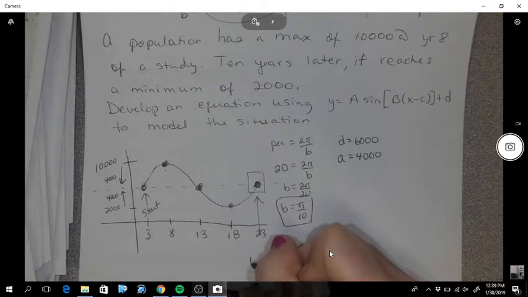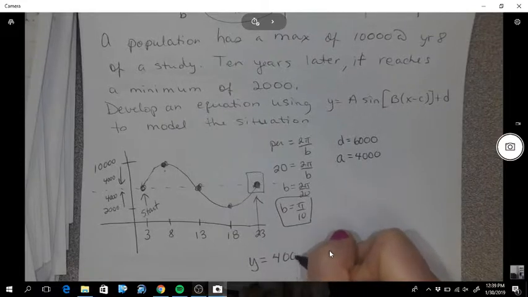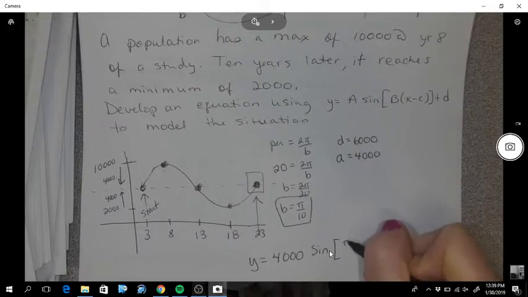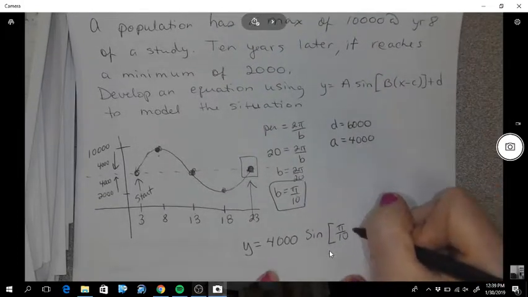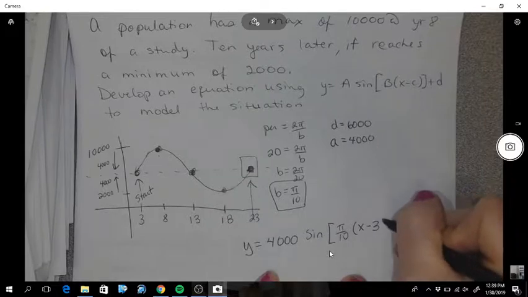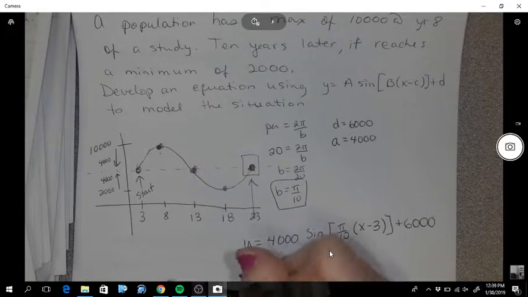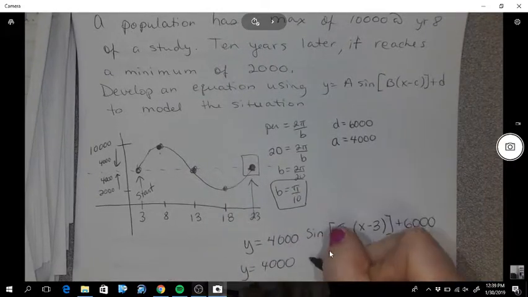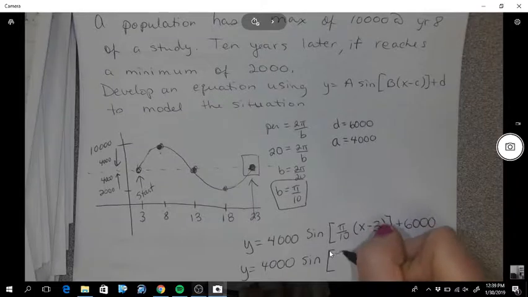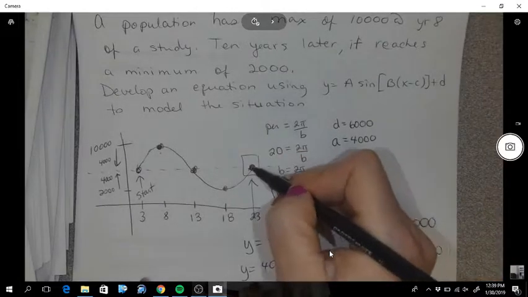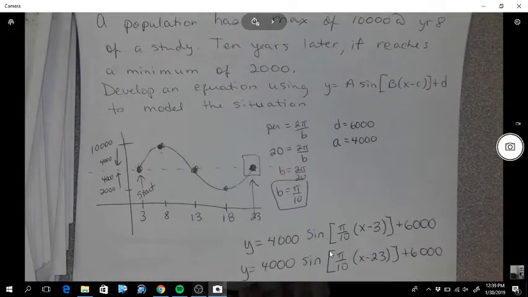Okay, so an example would be y equals 4,000 sine of pi divided by 10 times x minus 3, plus 6,000, or depending on where you put your starting point, you could have had x minus 23, to represent that you shifted it right 3 or you shifted it right 23.